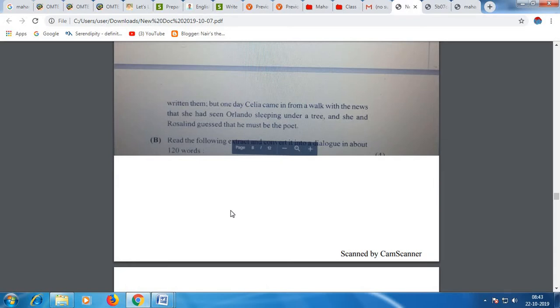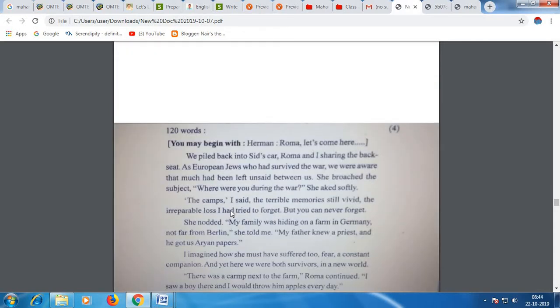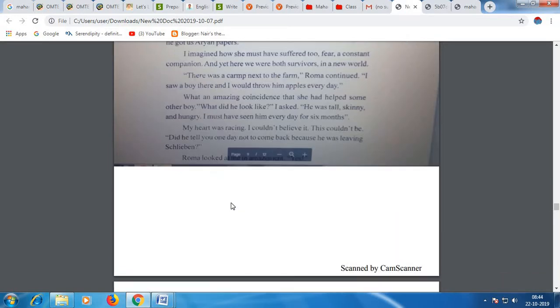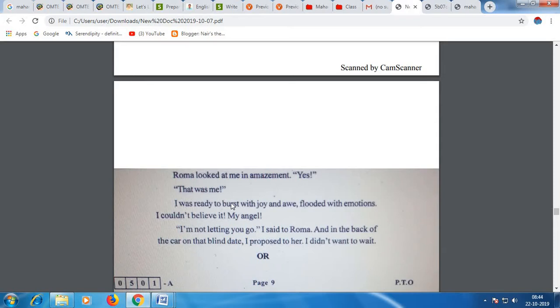Or: read the following extract and convert it into a dialogue in about 120 words. The beginning is given to you, Hermia talking to Helena: "Helena, let's come here." This is the way you can begin.